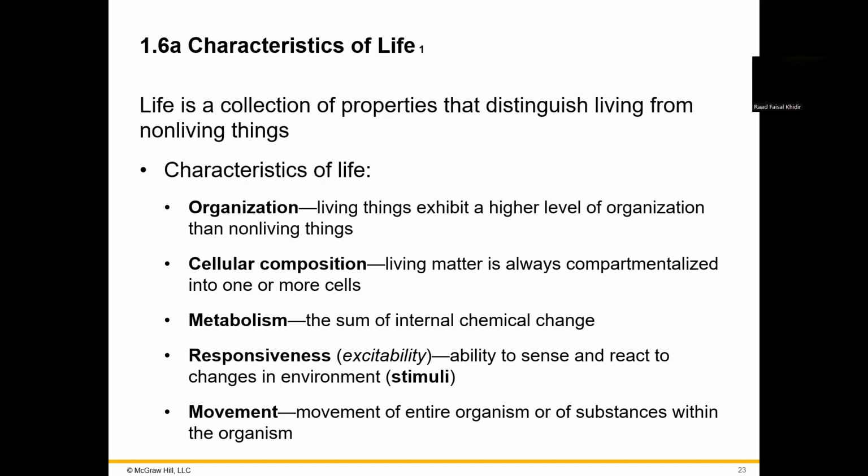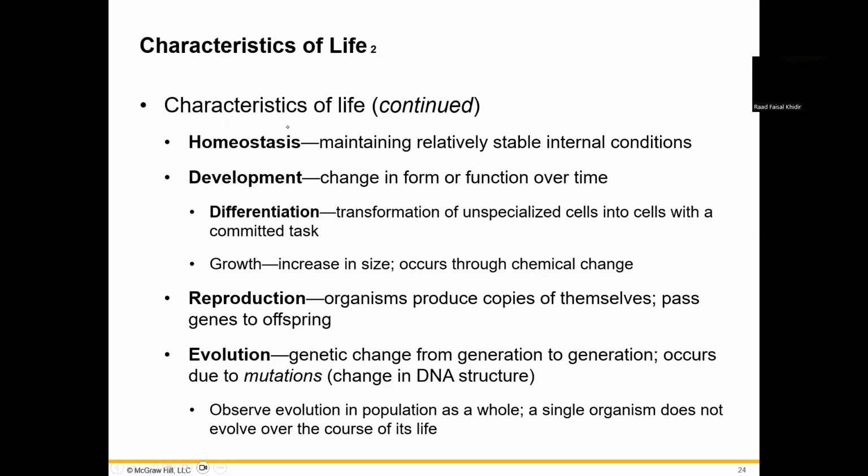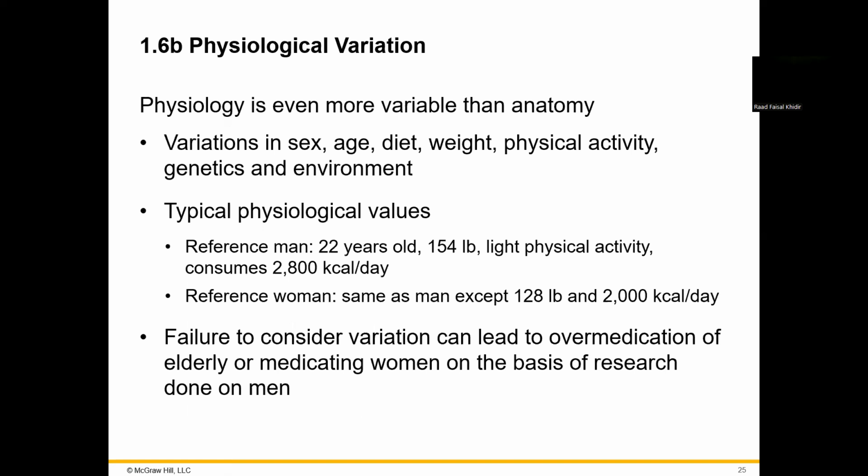That's a sign of life. Responsiveness, being able to move, excitability, responding to electric stimuli. We also have homeostasis, maintaining a constant internal state no matter what happens in the external environment. Development, being able to mature, differentiation, proliferation, reproduction, and evolution. These are the characteristics of being alive.